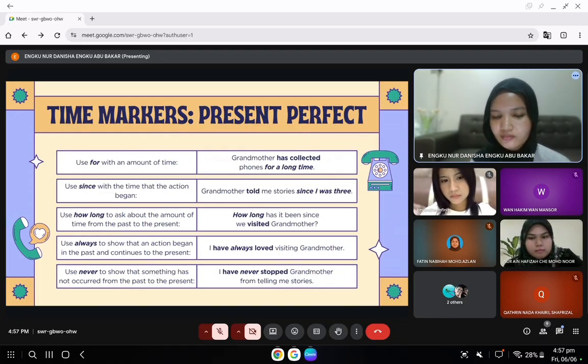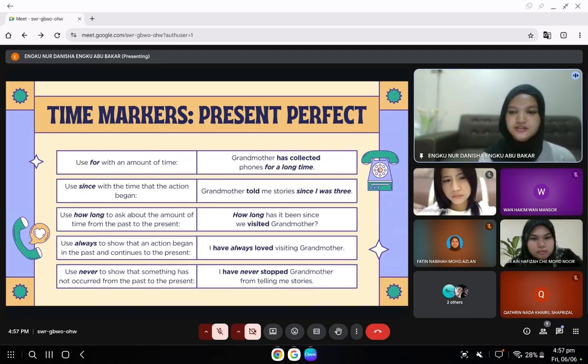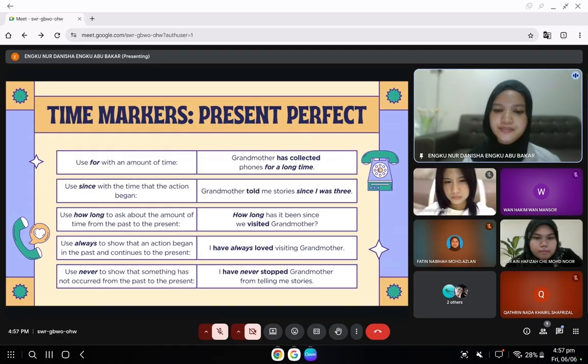Next, the words how long are used to ask about the amount of time from the past to the present. So let's say, how long has it been since we visited grandmother? Next, we can also use always to show that the action began in the past and is still continuous to the present.